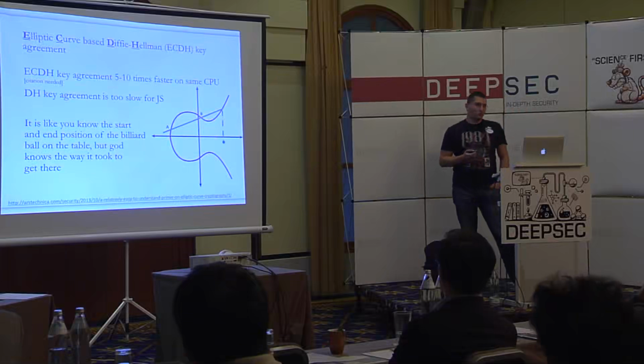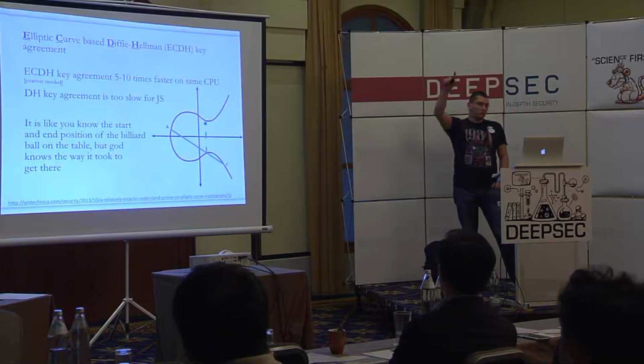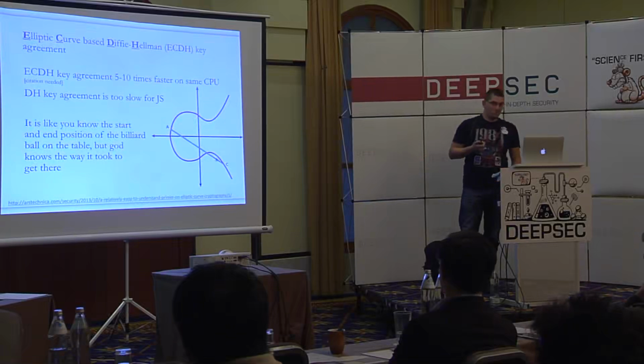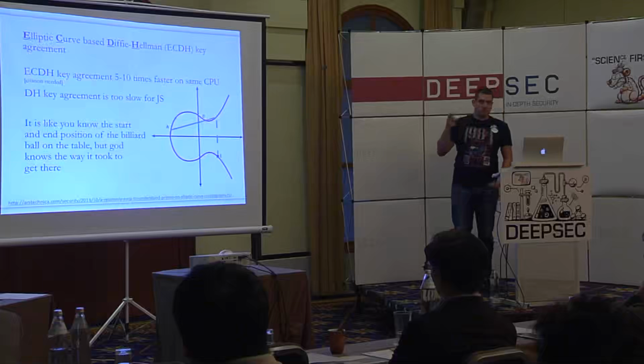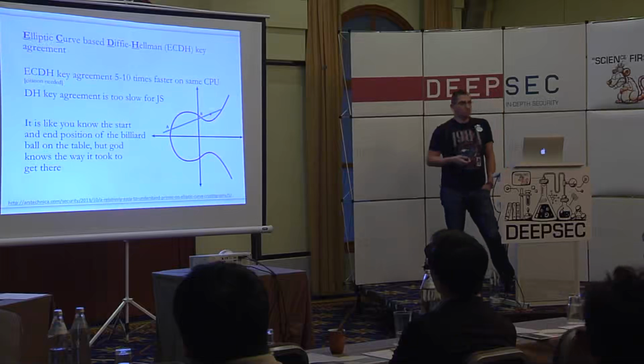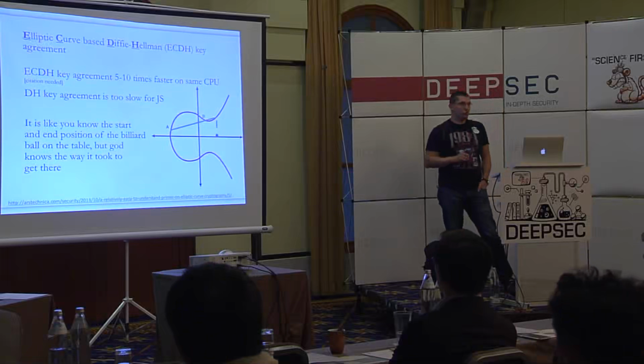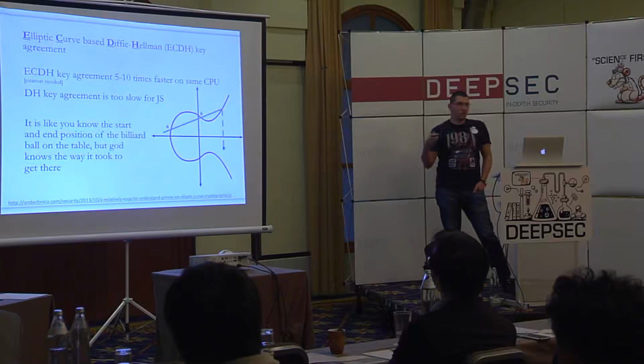But basically, you have to think about this commonly known curve, which is the red one, which everyone knows. And we implement some new mathematical formulas on this curve. It basically looks like a ball bouncing back and forth on this curve. And it has the same property as Diffie-Hellman, meaning that it is very easy to calculate one way, but it is very hard to determine how we got there.